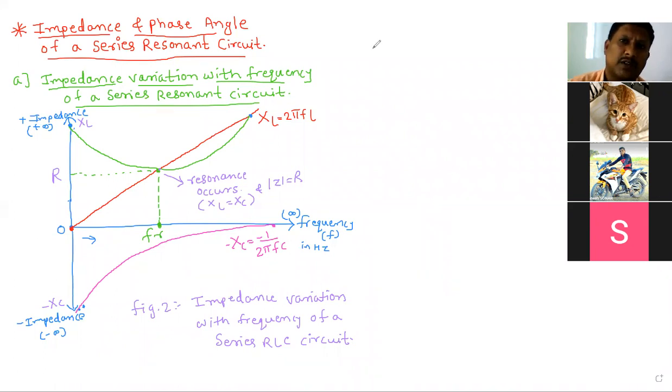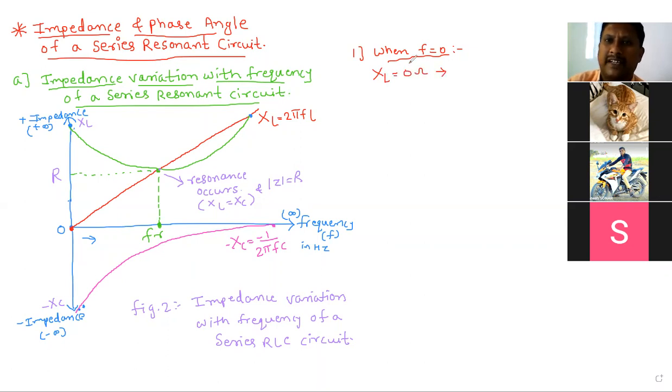So what are these 4 points? Anyone can tell? When f is equal to 0, when the value of frequency is 0, at that time what is the value of XL? XL is equal to 0 ohm.